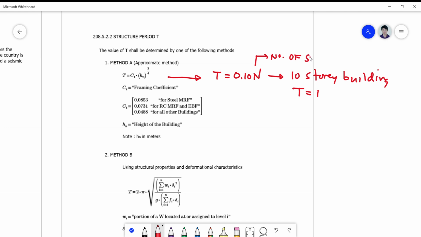It's much simpler. But of course, the number of stories depends on the height. That's why here we change the N into a height, the total height of the building, HN.